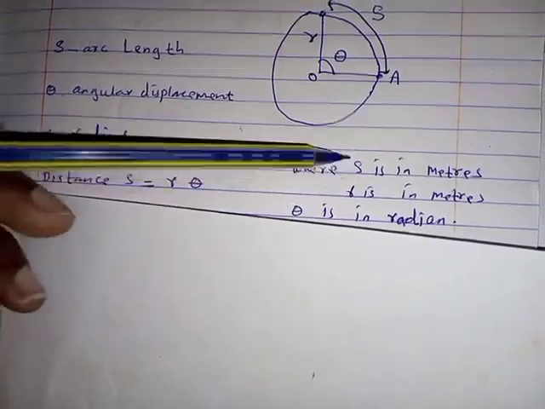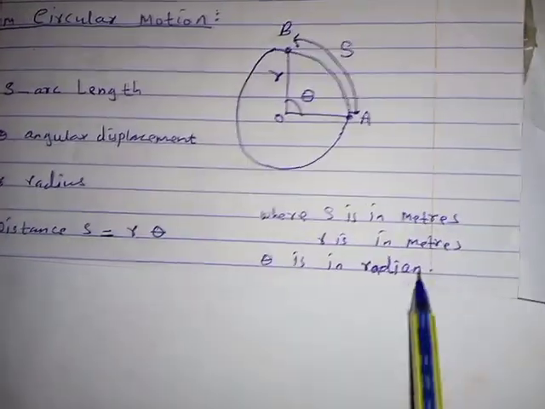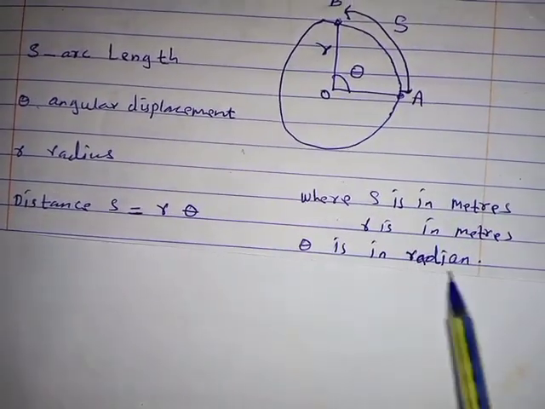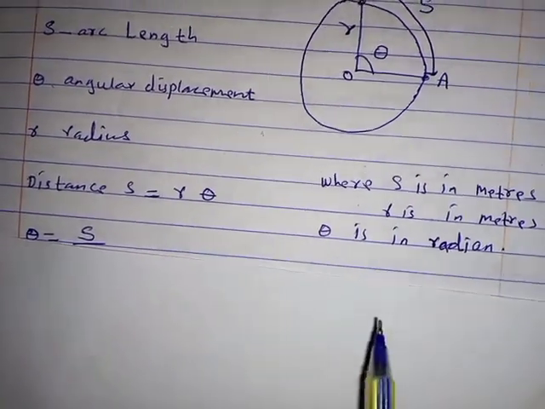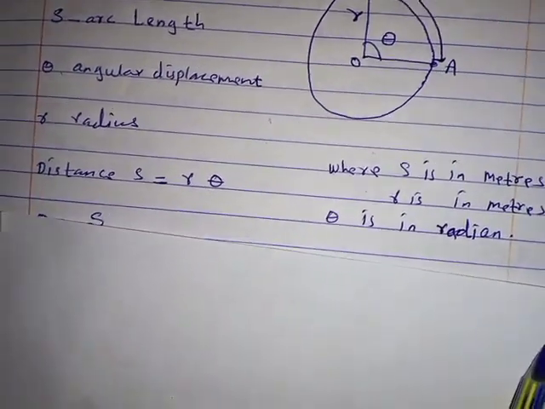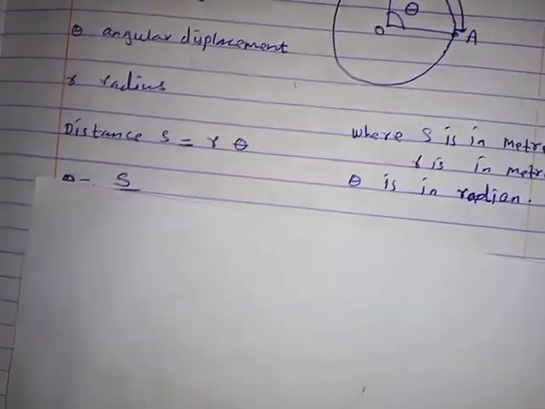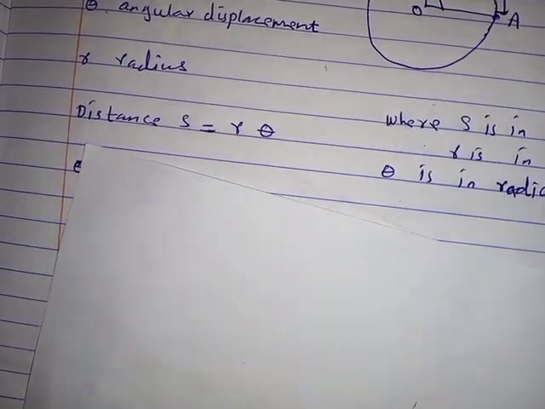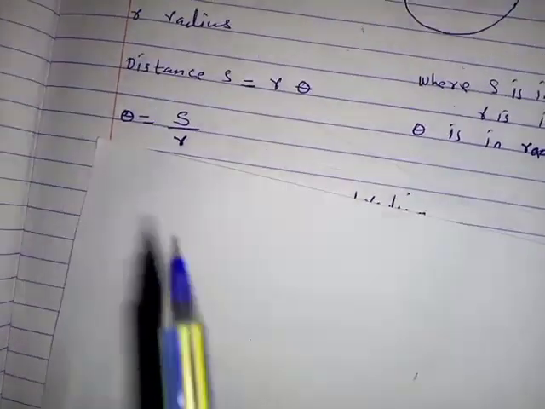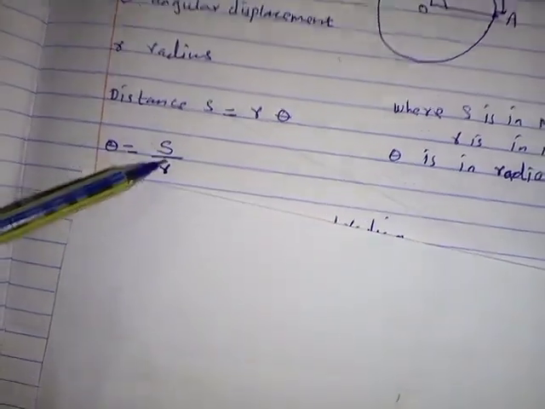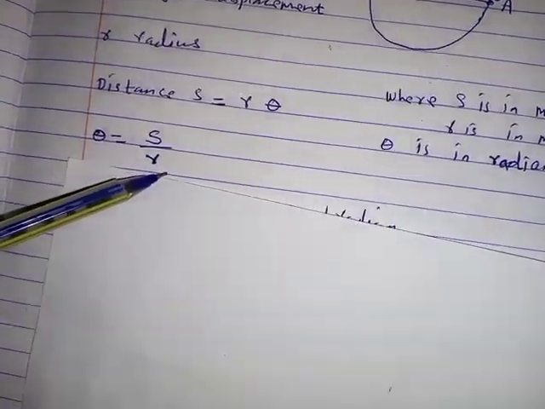Here, S, the arc length, is in meters, r, the radius, is also in meters, and the angle theta is in radians. Angular displacement is given by arc length divided by radius.